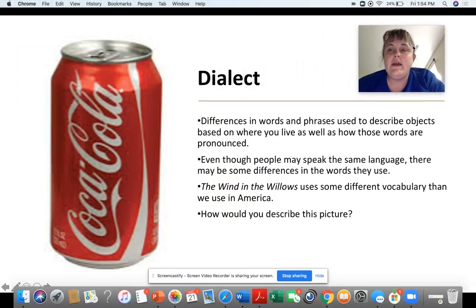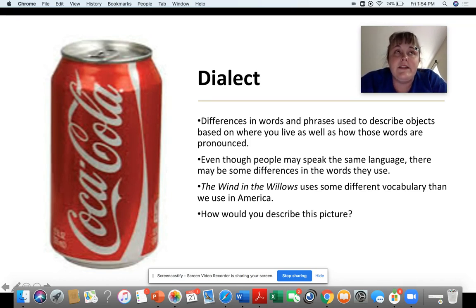Now, kind of going back to what I said about British. Depending on where you live in the world, it can affect how you use vocabulary. Okay, for example, take a look at this picture over here in the corner. What would you say if somebody said, what is that a picture of? Could you say, oh, that's a Coca-Cola can?